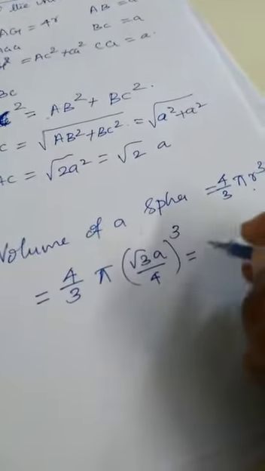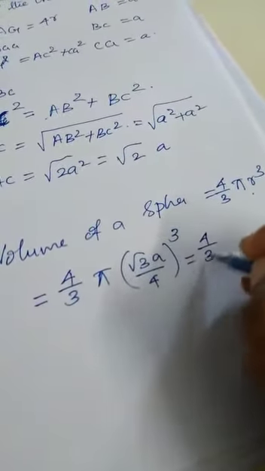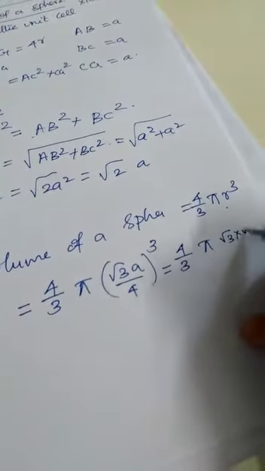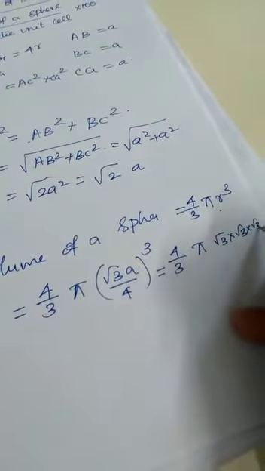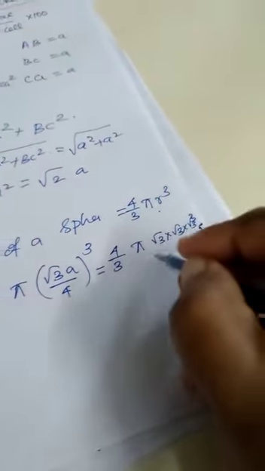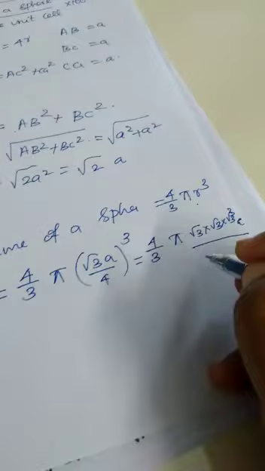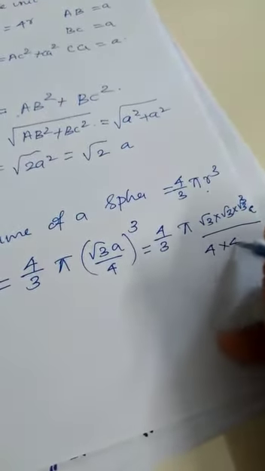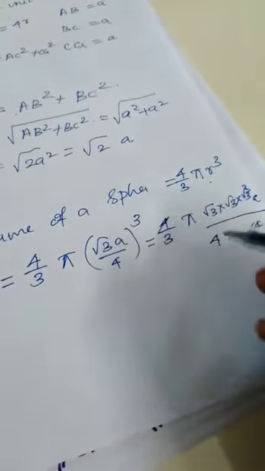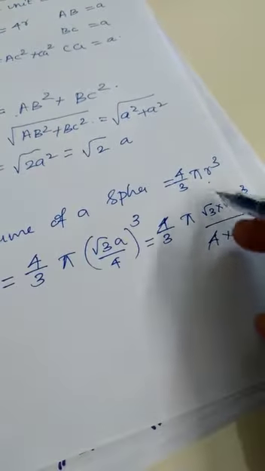So which can be equal to 4 by 3 pi root 3 into root 3 into root 3 a cube divided by 4 into 4 into 4. So you can just cancel these, as well as root 3 into root 3 is 3.